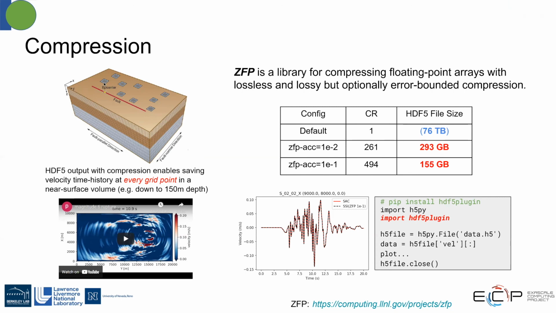So the read just reads a very small subdomain. Otherwise, if the reader wants the entire domain, the data has to be decompressed, and 155 gigabytes goes back to the 76 terabytes, which I don't think any computer will hold.